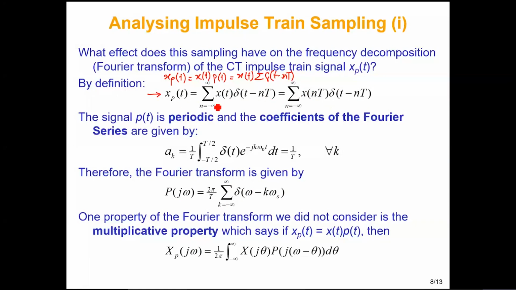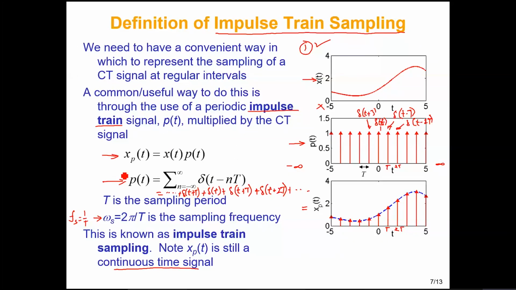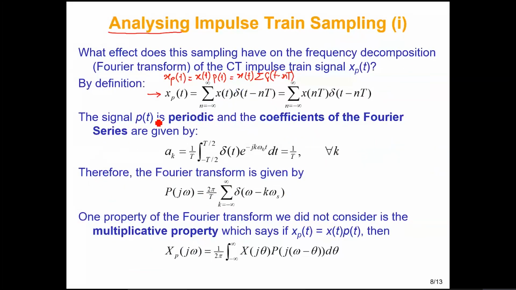Now coming over to analyzing in detail this impulse train sampling. The first thing we need to see is this p of t itself. It is basically an infinite set of impulses. Now p of t, we notice, is a periodic signal, so we can write a Fourier series for this. To write the Fourier series, we first have to find the coefficients of the Fourier series.